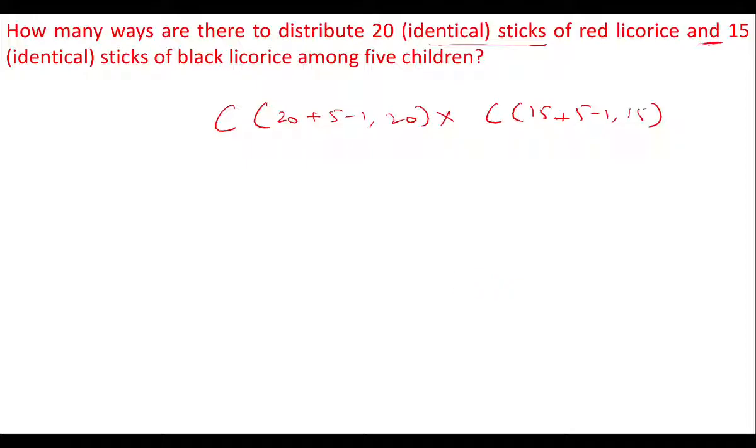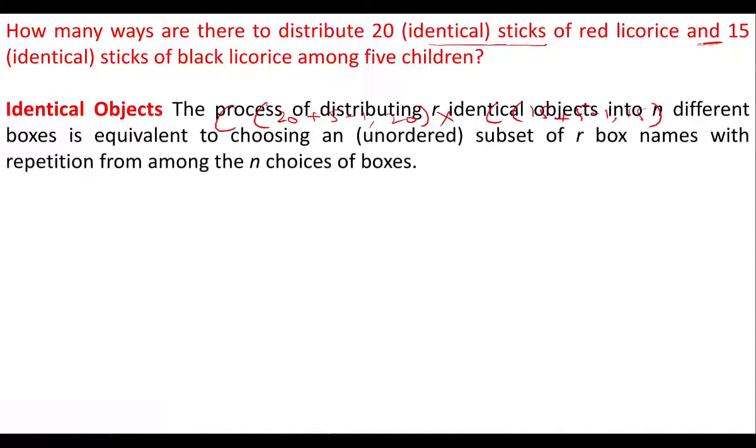You can see that in the previous case this word identical was not there. When we were talking of the diplomats, it was 100 different diplomats. So when the word different was there, it was a problem of arrangement, and now this is a problem of selection.